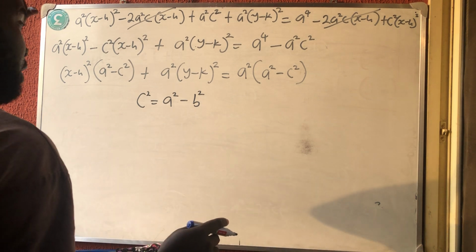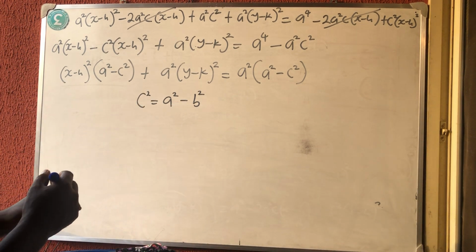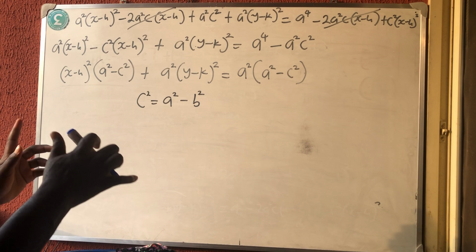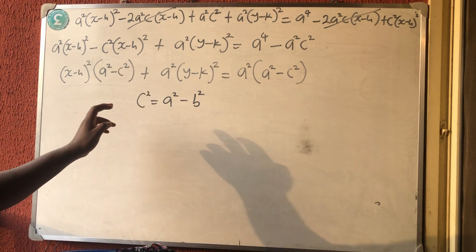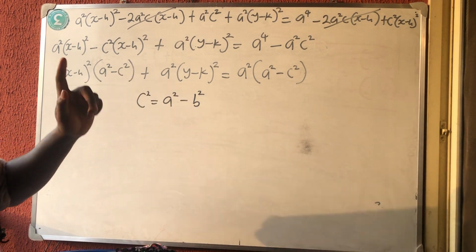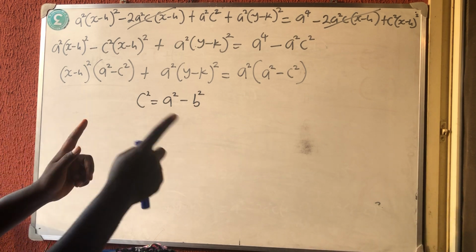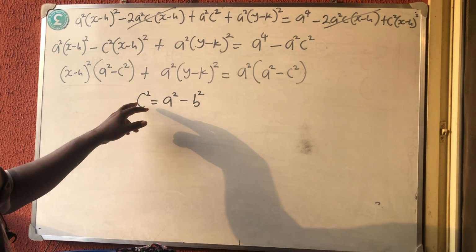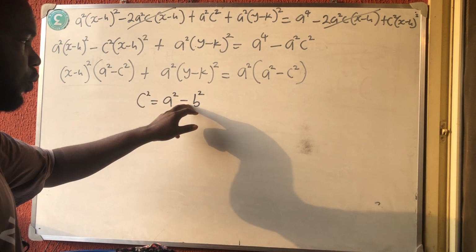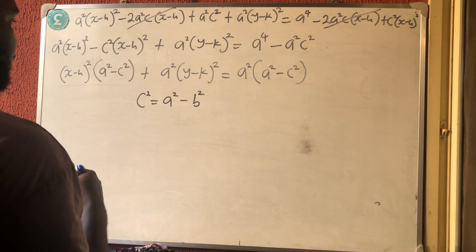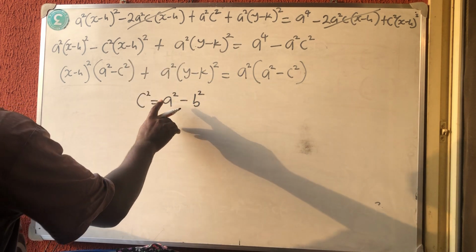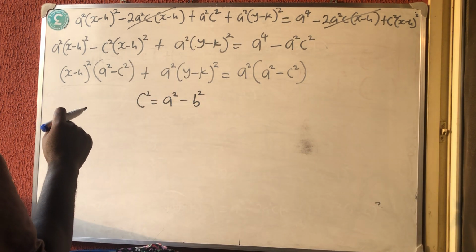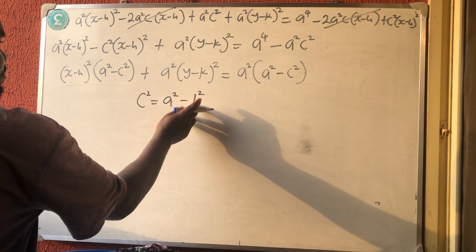Because we are adding the two distances to get 2a, that is why the c squared will have minus. But in hyperbola, you are going to subtract the two distances. So in hyperbola, c squared will not be minus here. We are still coming to that. So if I collect like terms to get that, I want to know what b squared will give me.